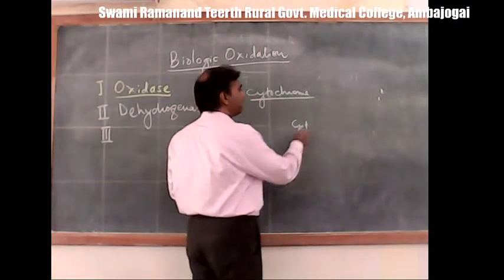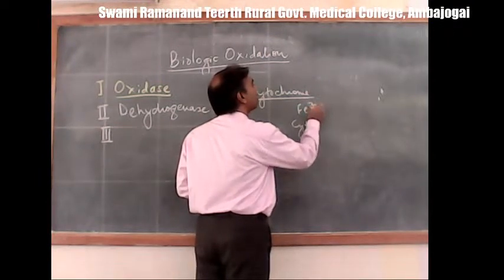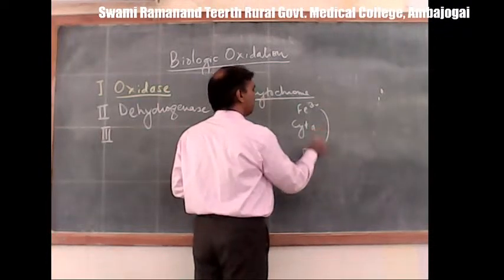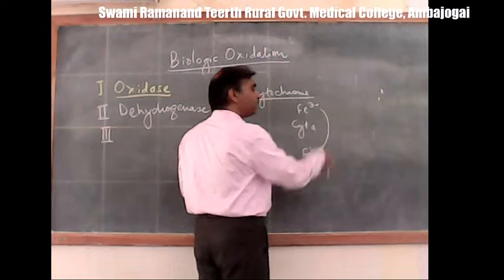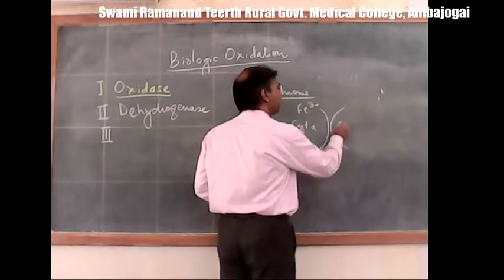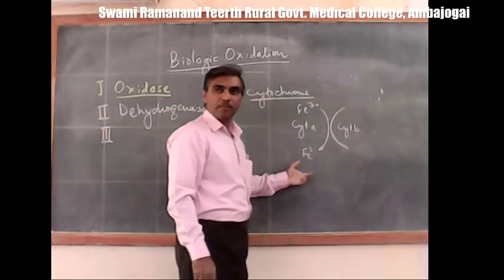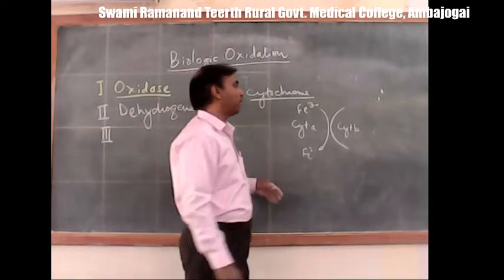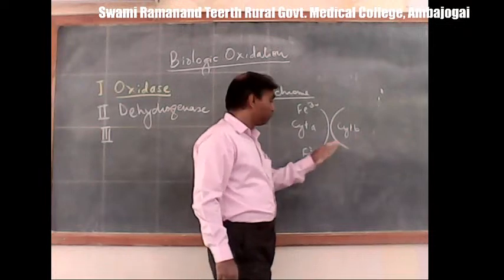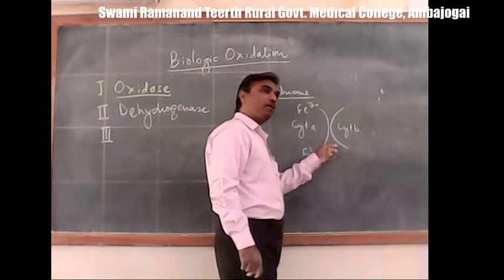If we take one example, it gives one electron. This electron is used by another cytochrome B. These are arbitrary examples. We will see detail when we study the electron transport chain. So this is taken up by another, ferric form is converted into ferrous by giving one electron.